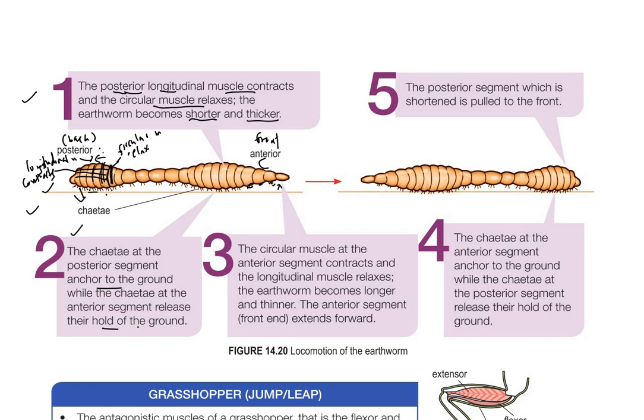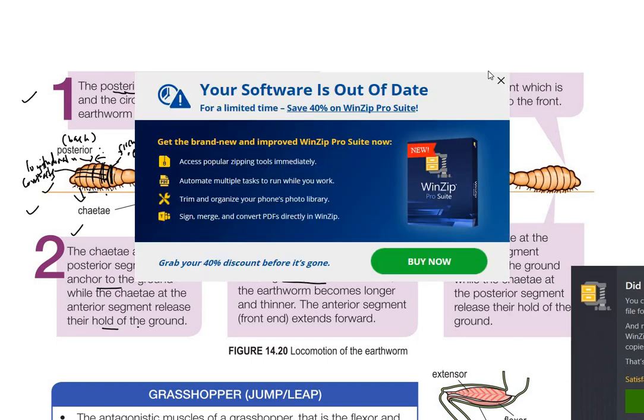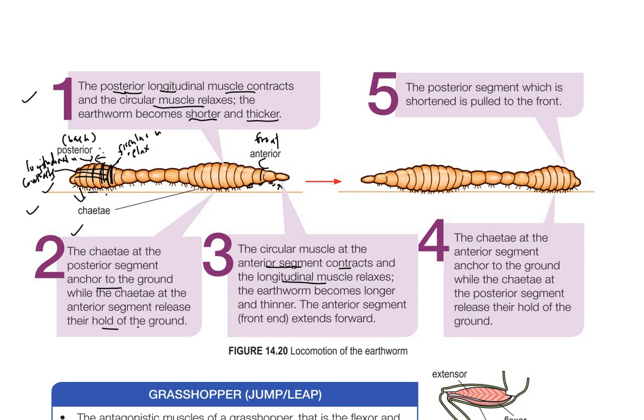Number 3: the circular muscle at the anterior segment contracts and the longitudinal muscle relaxes. So here at the anterior, the circular muscle contracts, and the longitudinal muscle relaxes.